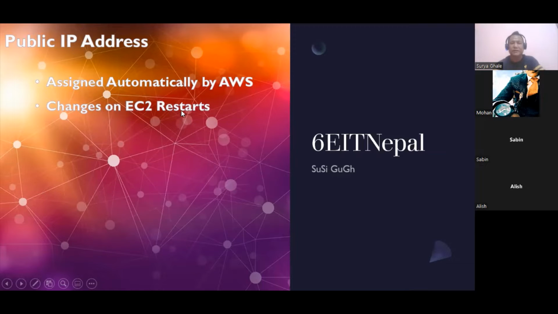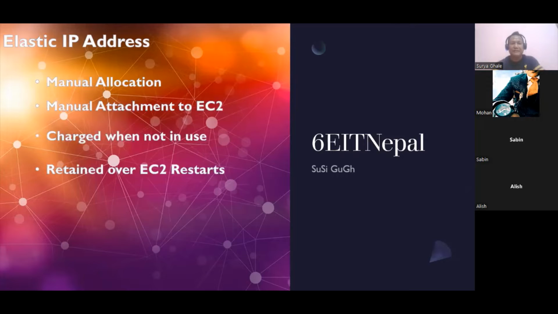That means if you have IP address XYZ now, if you restart the instance, it will not be XYZ. It will be given a different IP address, which is not good for us because we want the IP address to remain the same, right? So next, elastic IP address.